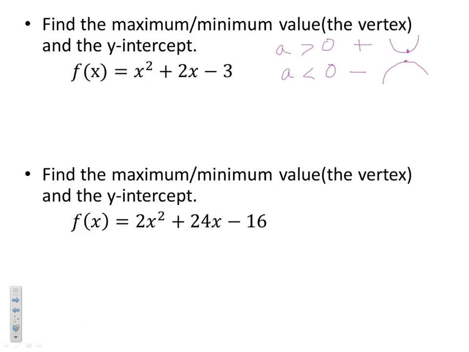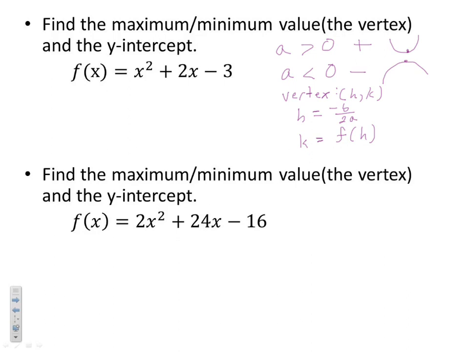So that's how we know whether it's a maximum or a minimum, by the a value. Hopefully you remember how to find the vertex. If not, I have a little side video where I give you the formulas for that. But just a quick reminder: the vertex is (h, k) for a parabola, and h, when it's in the general form, is negative b over 2a, and k is equal to f of h, which means I plug in whatever I get for my x value, and that'll give me my y value.